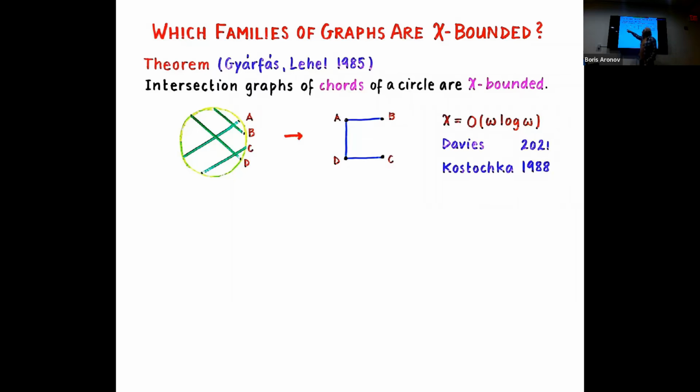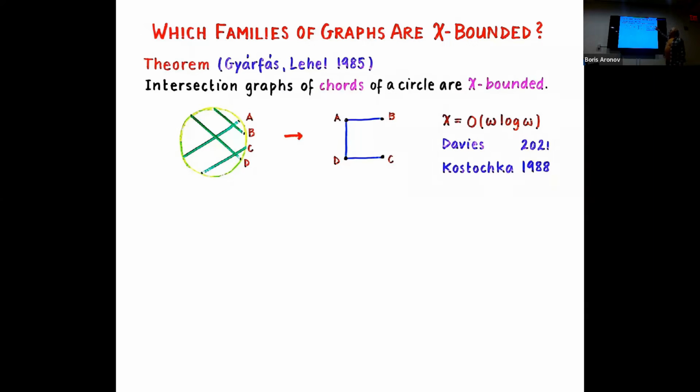If we look only at segments that are chords of a circle or any convex set, like in this picture, then they are chi-bounded. It's very close, right? We are not looking at intersection graphs of all kinds of segments, only chords of a circle.